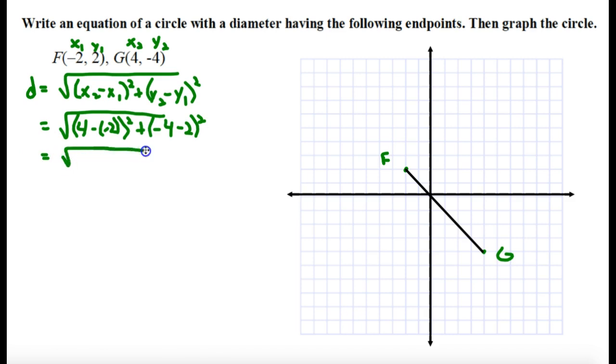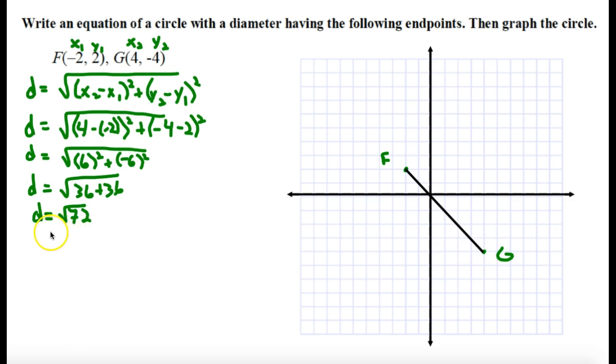So that ends up being 6 squared plus -6 squared, which will be 36 plus 36, which is the square root of 72. So I'm actually going to leave that as the square root of 72 for now. Okay. So we'll say that the diameter is the square root of 72.